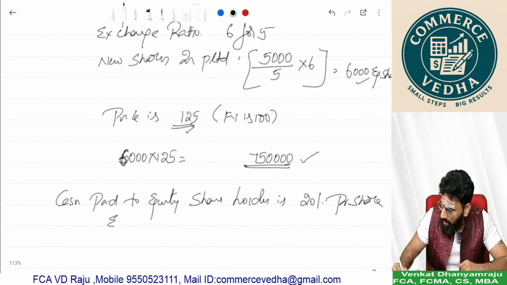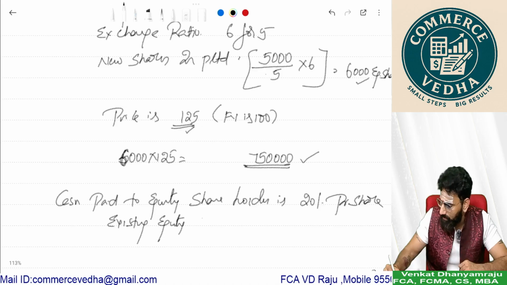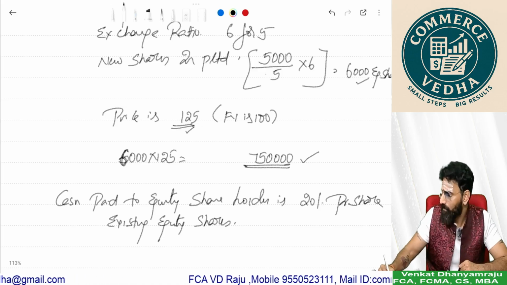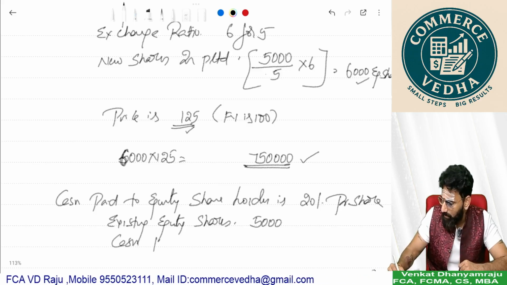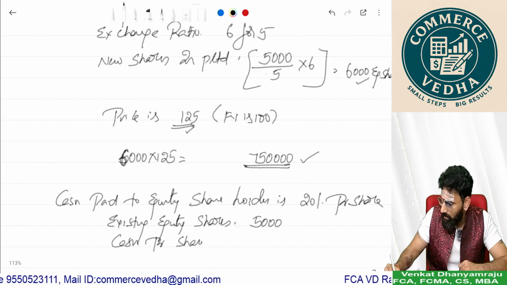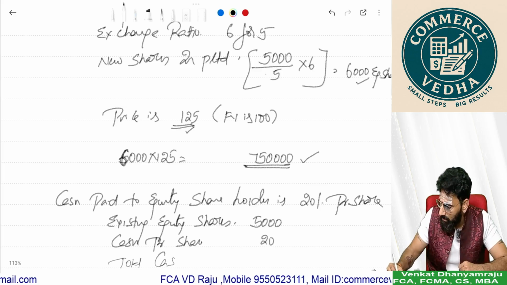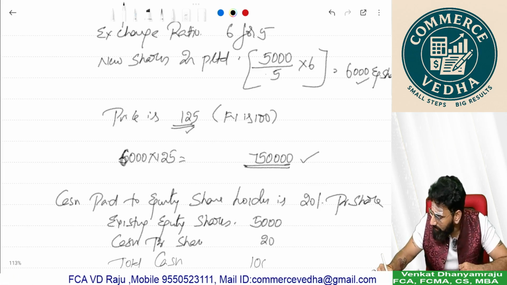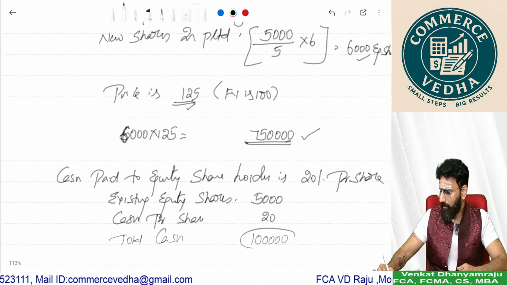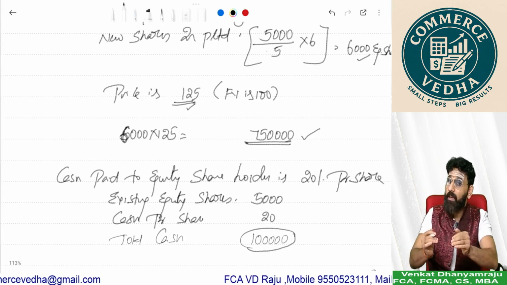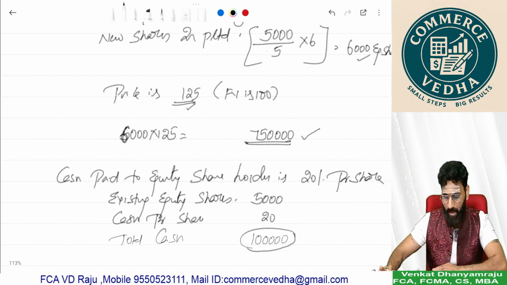So existing equity shares 5,000, cash per share 20, so total cash 1 lakh. So for equity shareholders, you are not only paying equity shares, also the cash of 1 lakh.